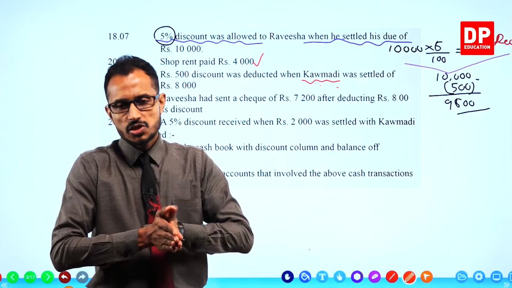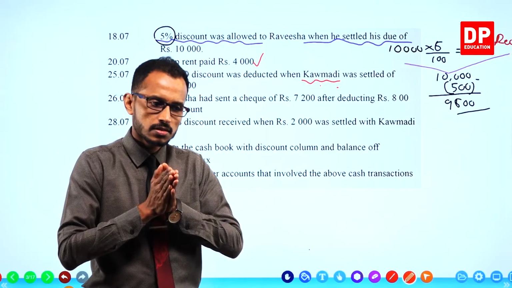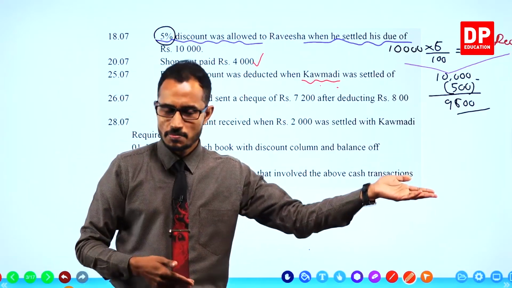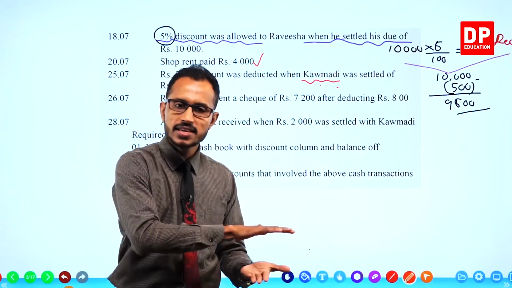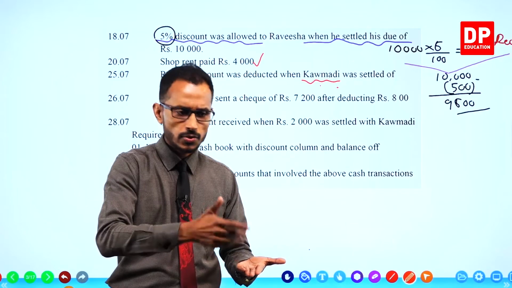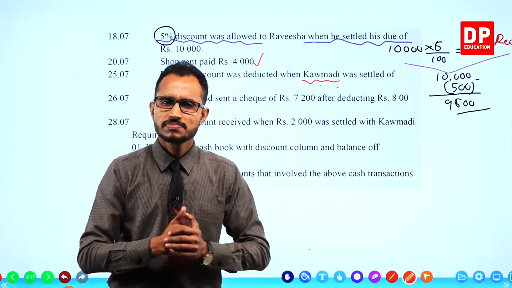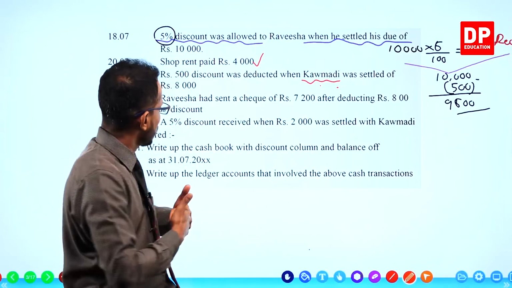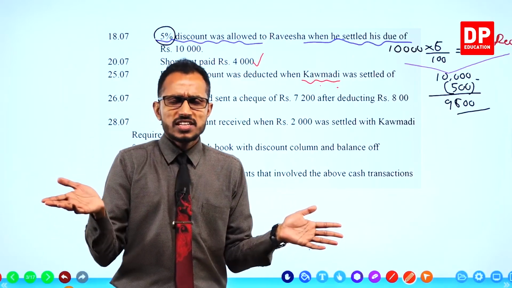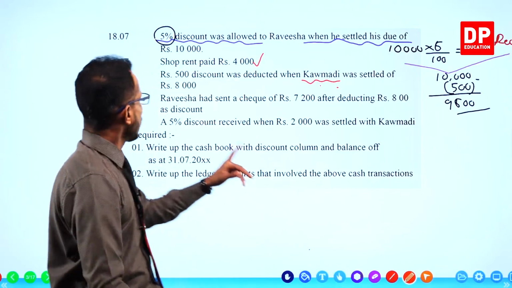The only difference is, children, the check should be deposited in the bank account, right? Until the check is in your cash drawer with you, you can use that check instead of cash. That's true. So we receive cash or we receive a check, doesn't matter.